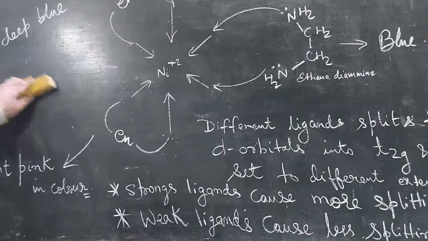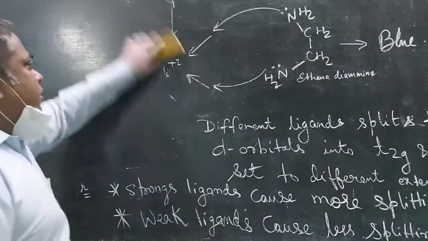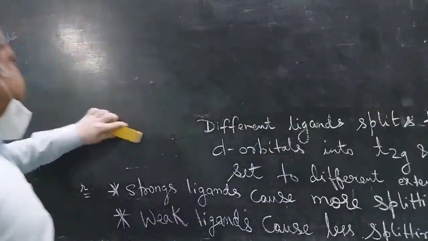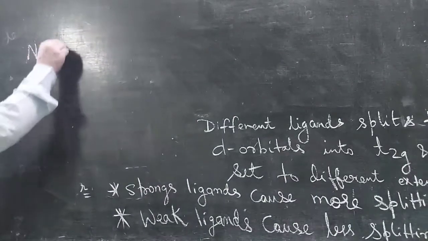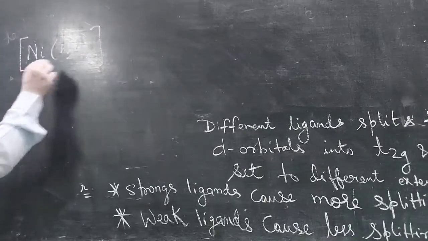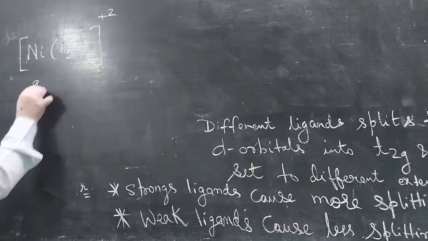This whole diagrammatic thing can be seen in the form of molecular formula also. Like say, nickel H2O whole 6, plus 2, is green in color.